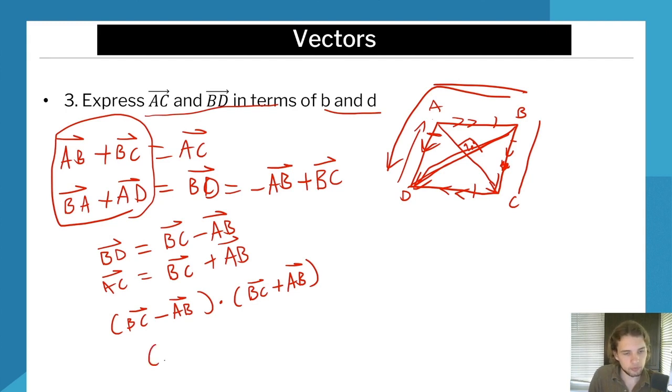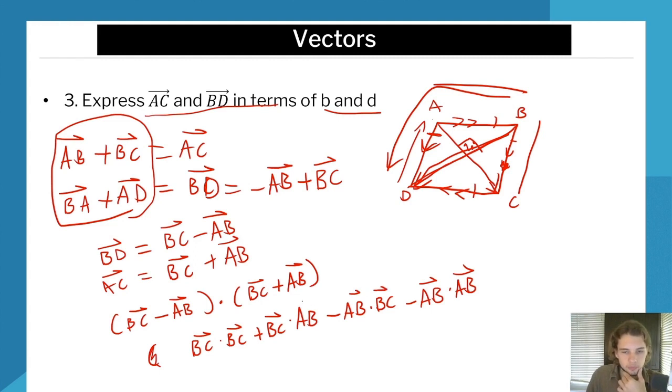We expand everything into B to C dot B to C, positive B to C dot A to B, negative A to B dot B to C, negative A to B dot A to B.